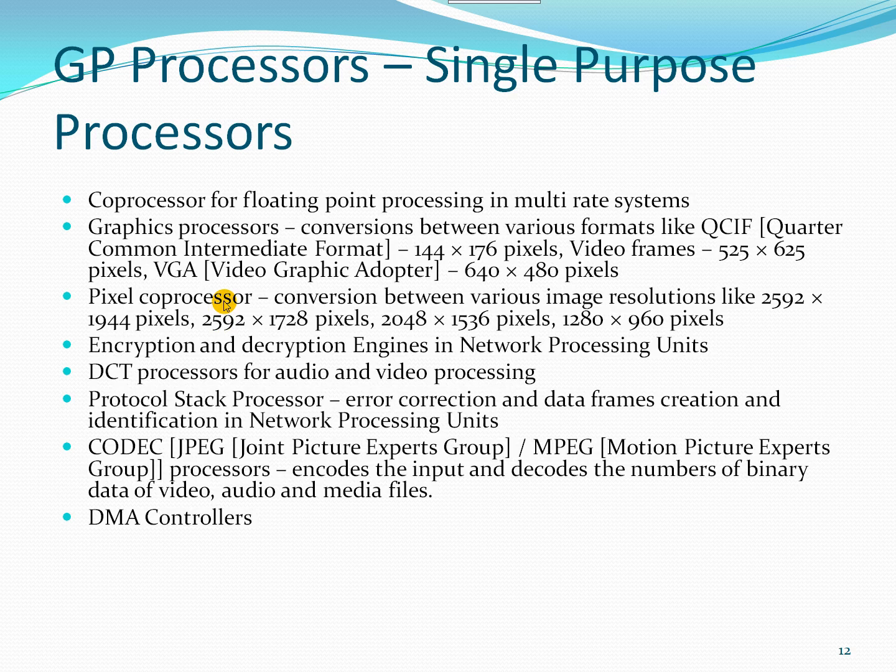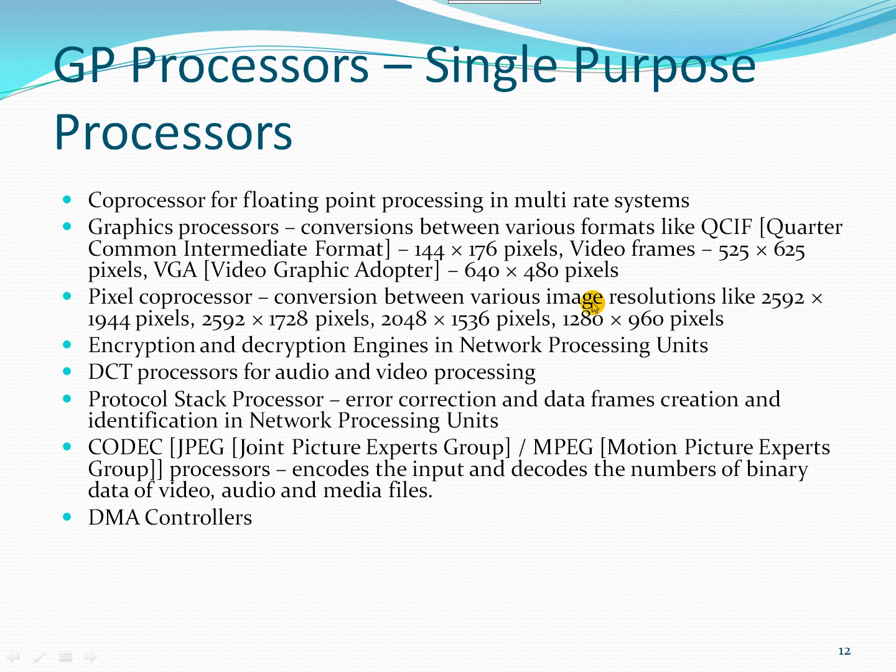We will be using this pixel coprocessor for conversion between the various image resolutions like 2592 cross 1944. This is a standard one which is used in digicams. Then 2592 cross 1728 pixels, 2048 cross 1536 pixels and 1280 cross 960 pixels. This is the standard JPEG format.